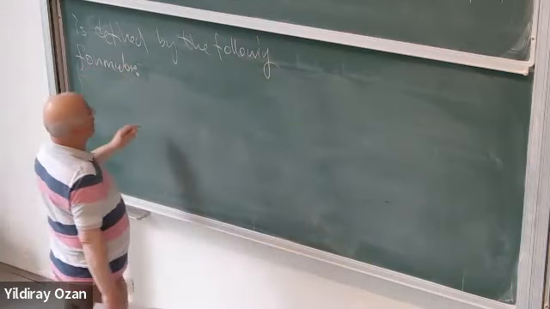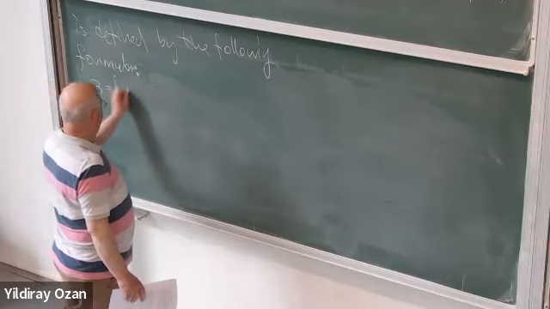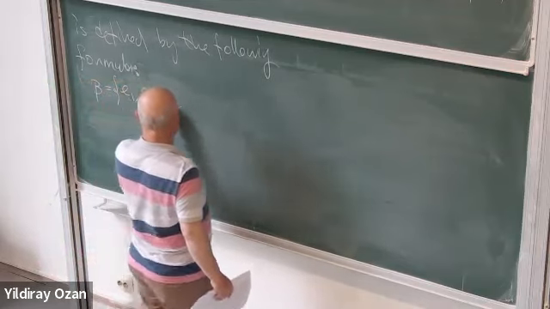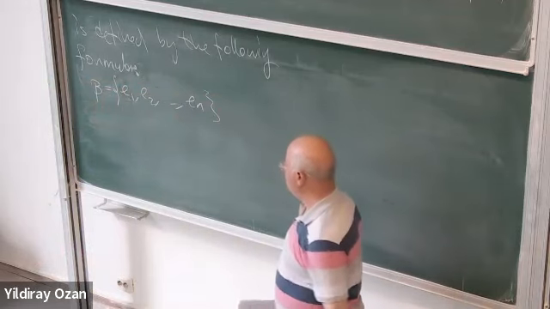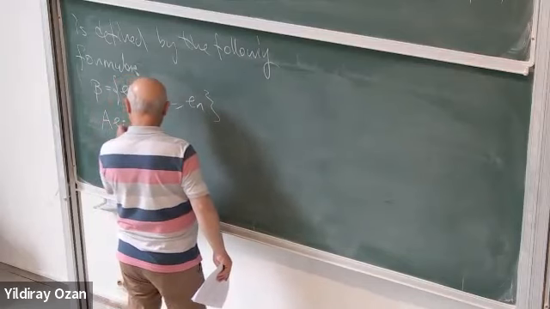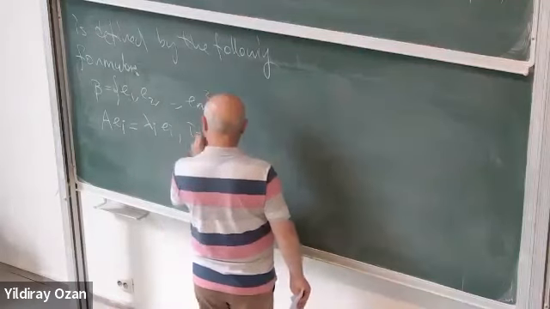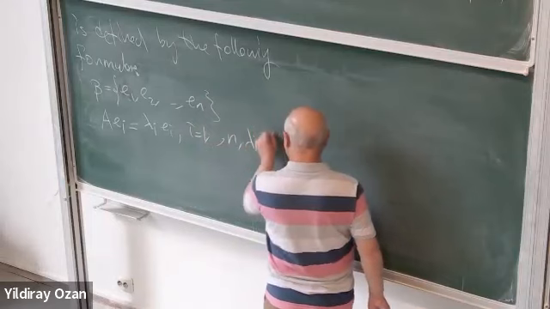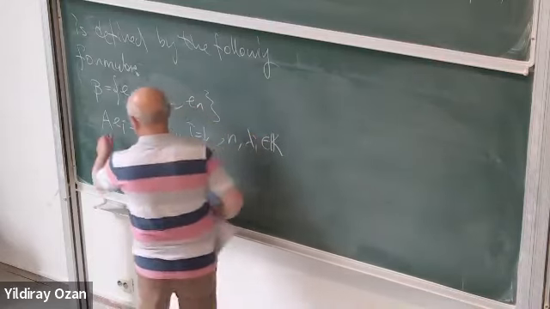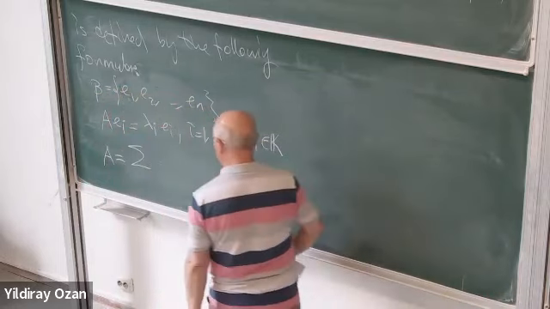Now, since A is diagonalizable, right, there is a basis consisting of eigenvectors of A. So these are eigenvectors, namely A of e_i is just lambda_i times e_i. And in this case, note that we can write our operator using tensor notation as follows.